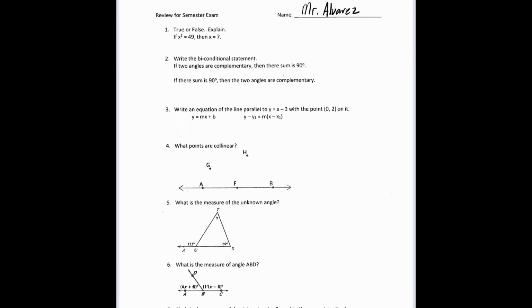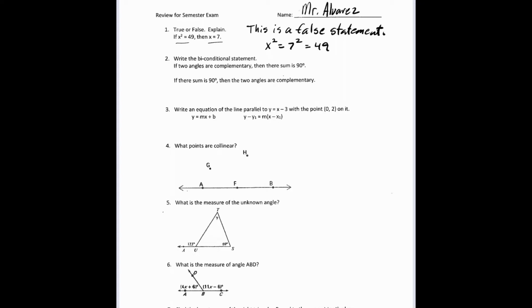Number 1, true or false? And let's explain. If x squared is equal to 49, then x is equal to 7. Well, this is actually a false statement. If x is squared and we use 7 to square it, then yes, for sure this would be 49.